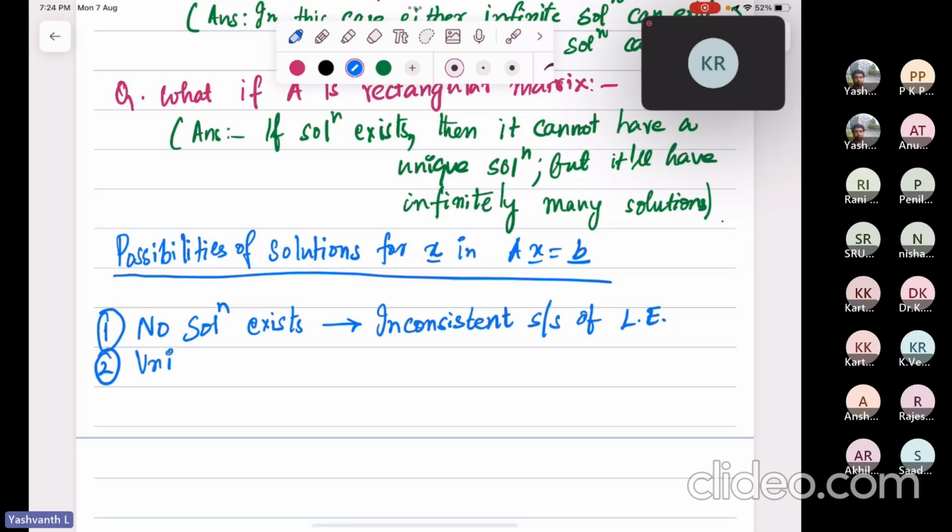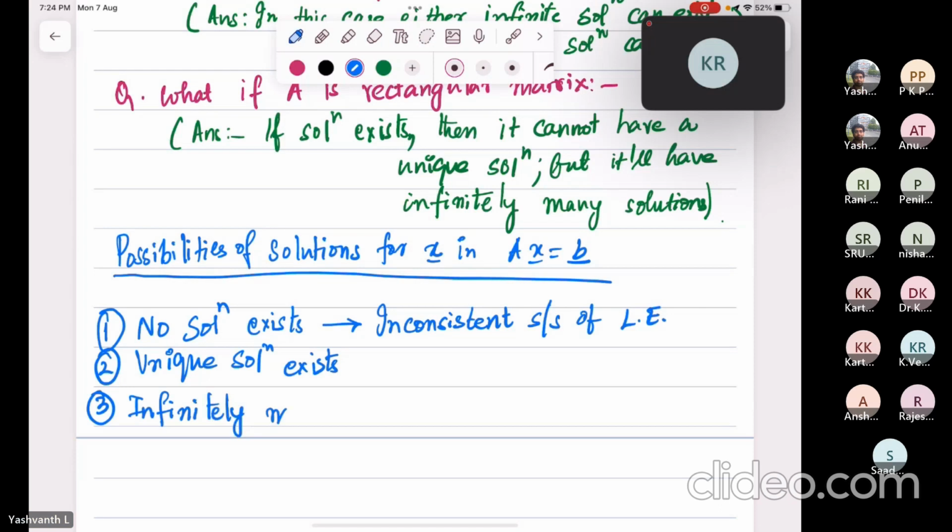There is one unique solution. The third possibility is that not just one solution, it can have infinitely many solutions. These last two cases are called a consistent system of equations, because you can find a solution, be it one or more than one.